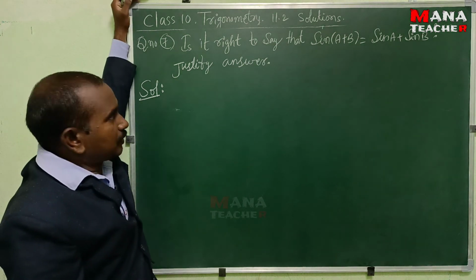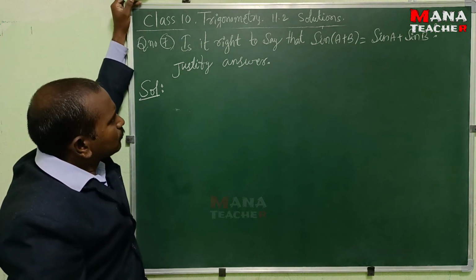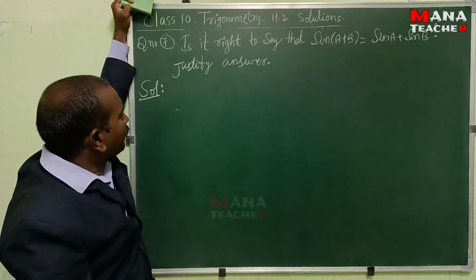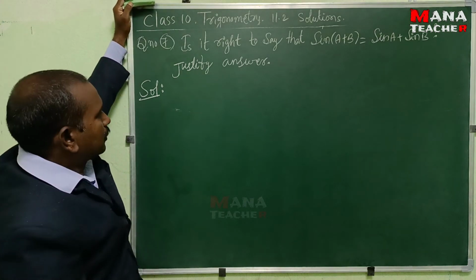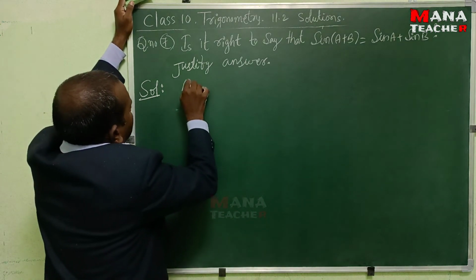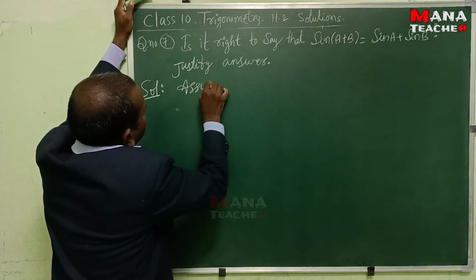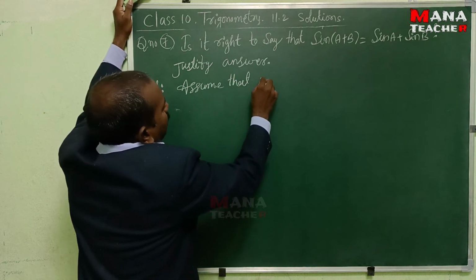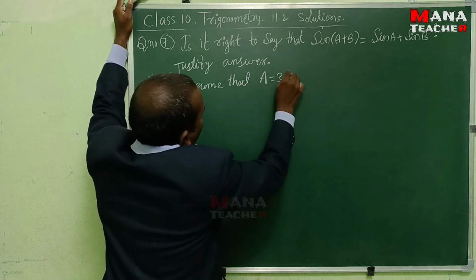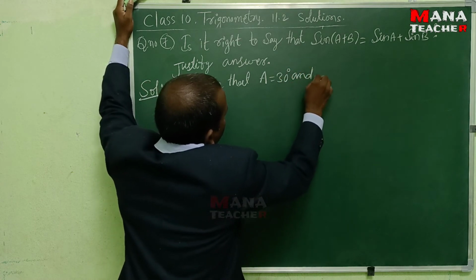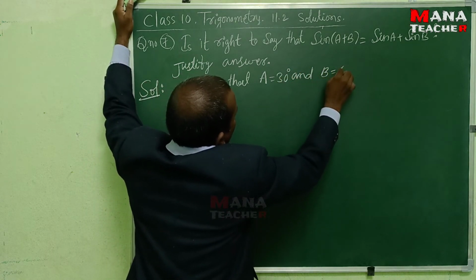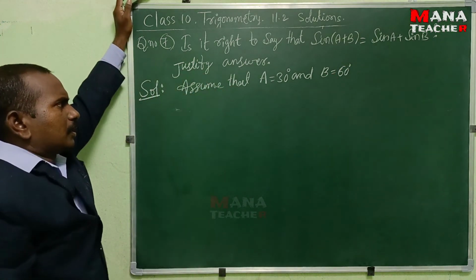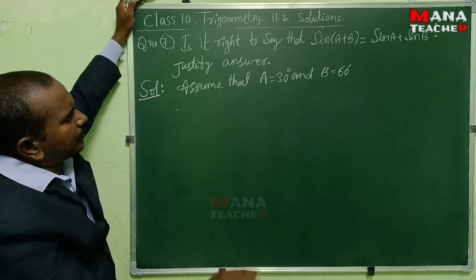Now seventh problem. Is it right to say that sin(a plus b) equals sin a plus sin b? Justify your answer. Now assume that a equals 30 degrees and b equals 60 degrees. Here a is 30, b is 60.